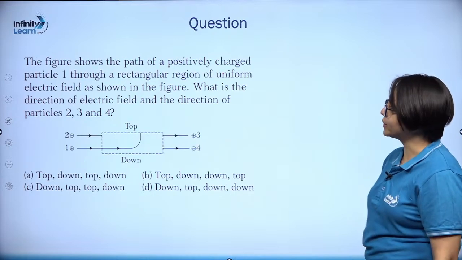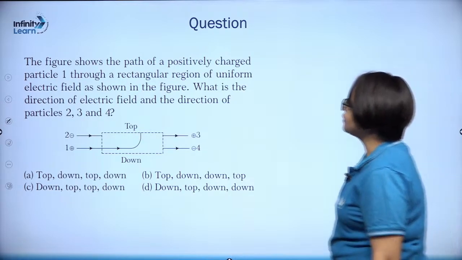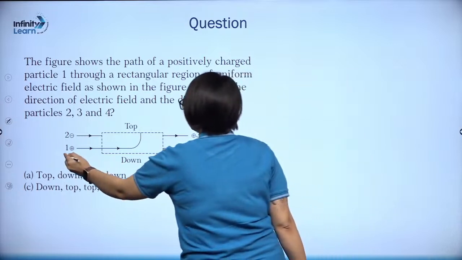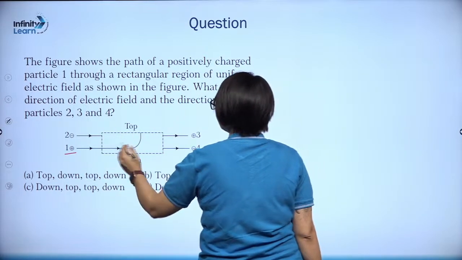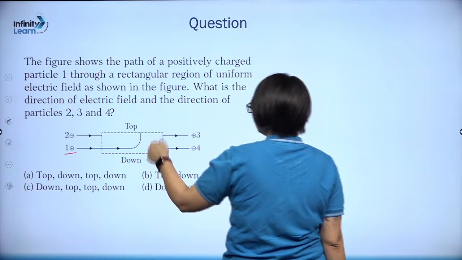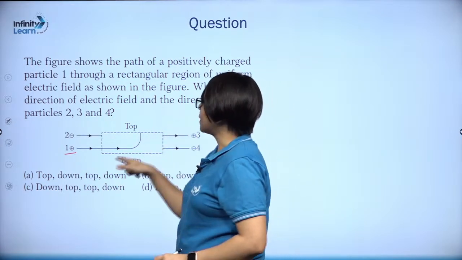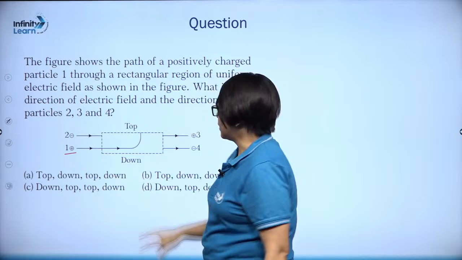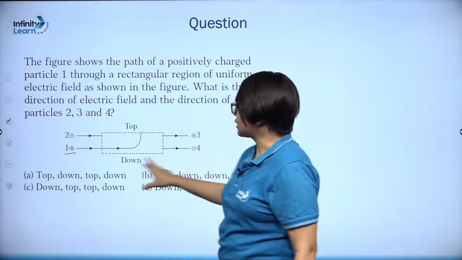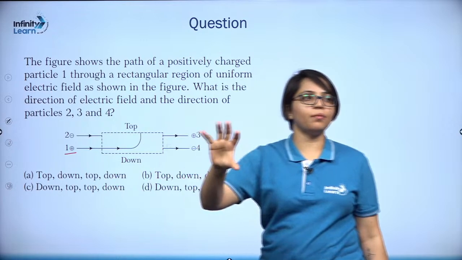The figure shows the path of a positively charged particle 1 through a rectangular region of uniform electric field as shown in the figure. What is the direction of electric field and the direction of particles 2, 3 and 4? So look, in this rectangular region we have some uniform electric field.